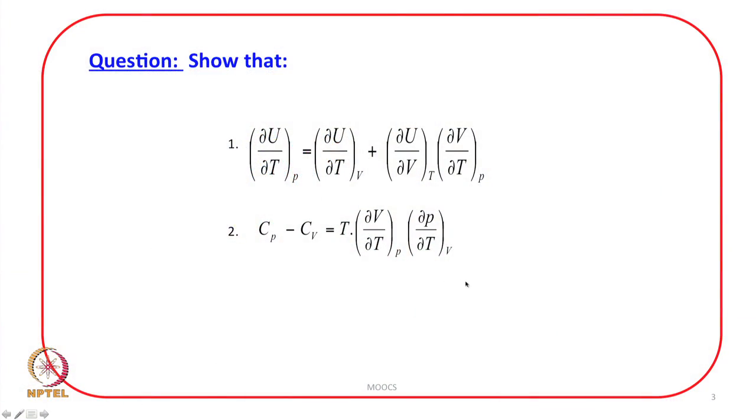What we need to know is how the various thermodynamic properties depend upon volume, pressure and temperature. And for this equation number 2, you can show yourself that for an ideal gas it will turn out to be equal to nR, if you find the variation of volume with temperature at constant pressure and the variation of pressure with temperature at constant volume.